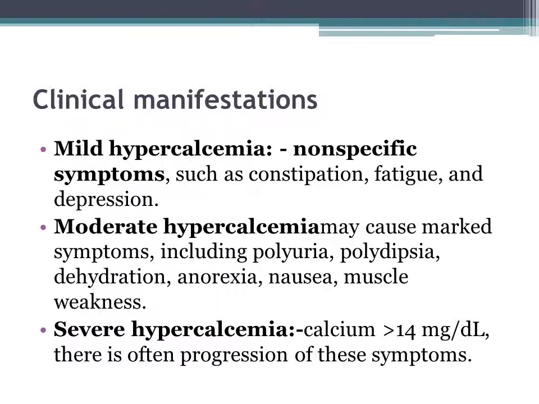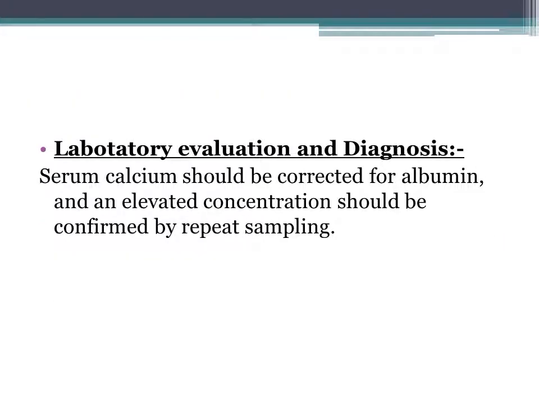In manifestations, as we said, primary hyperparathyroidism may be asymptomatic, or there may be manifestations including the renal system, nervous system and cardiovascular system. But in severe hypercalcemia, when calcium becomes above 14 mg per deciliter, there is often progression of these symptoms.